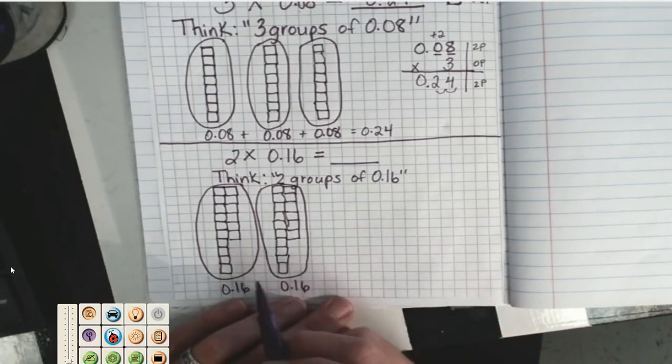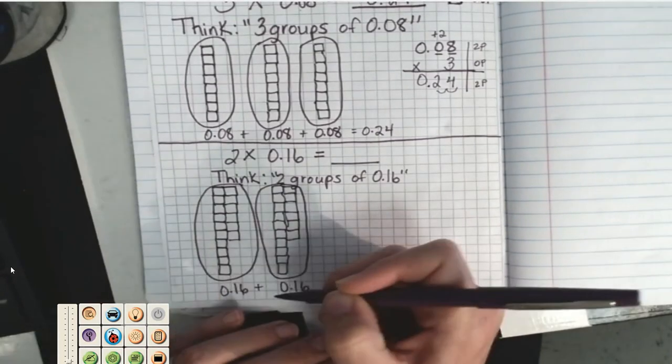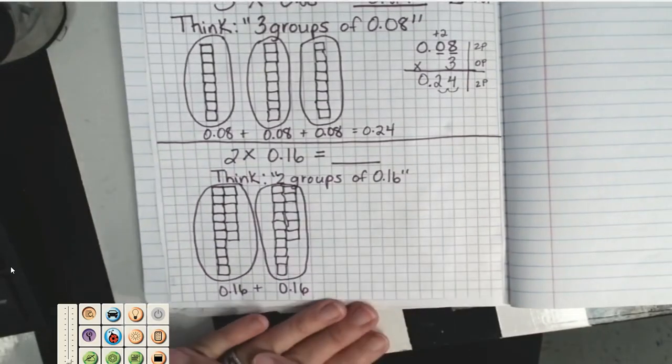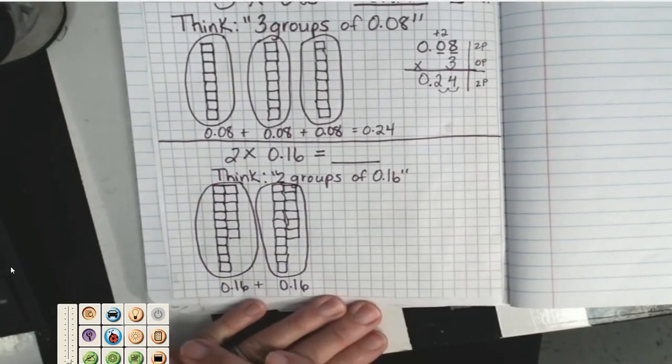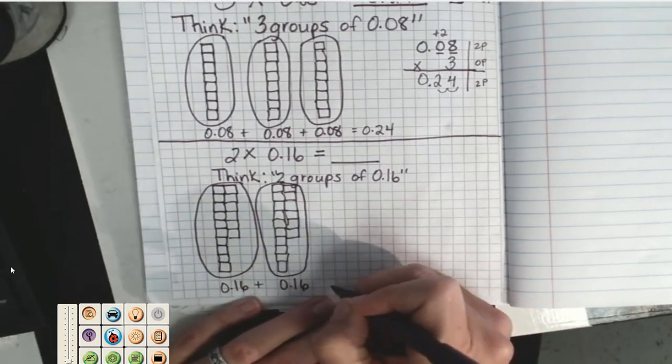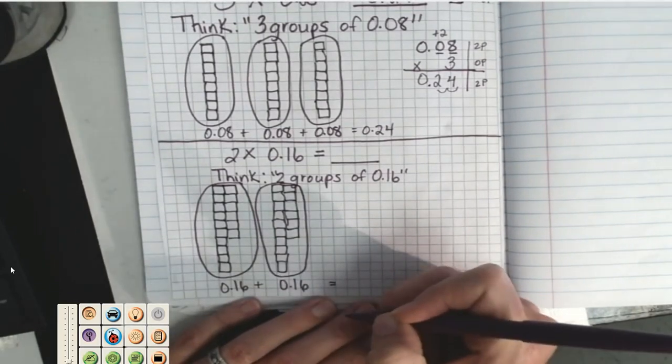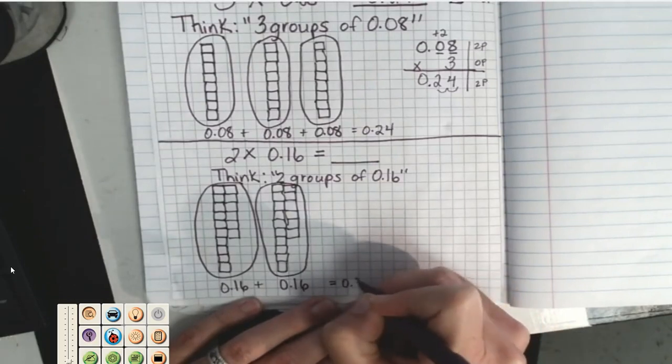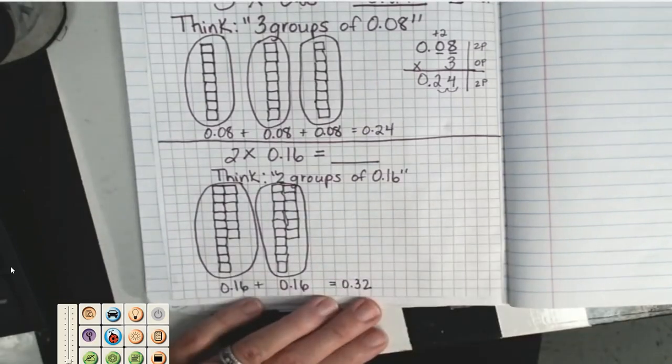All right, so if I wanted to know my answer, I really could just add them because multiplication is repeated addition. And that would give me 3200ths, okay? Of course, I want to check every single model that I do with the algorithm.